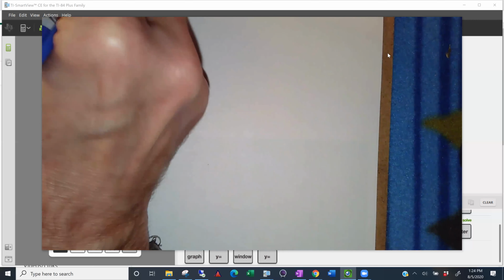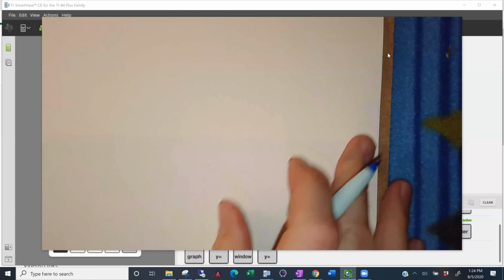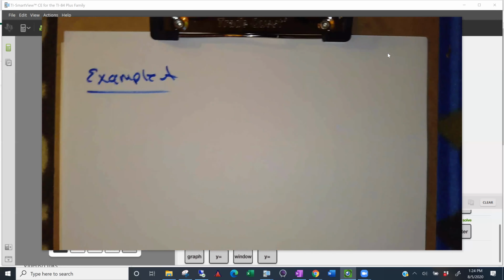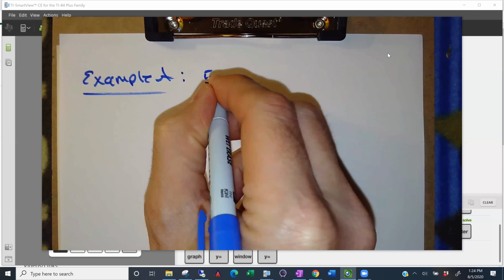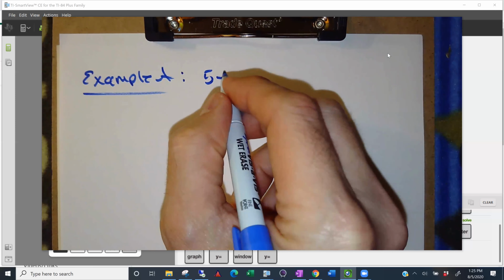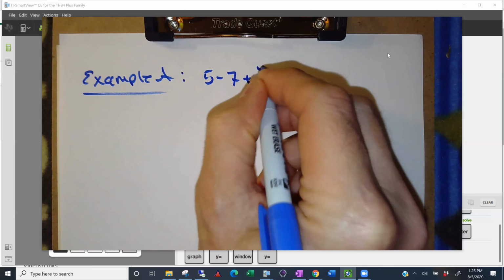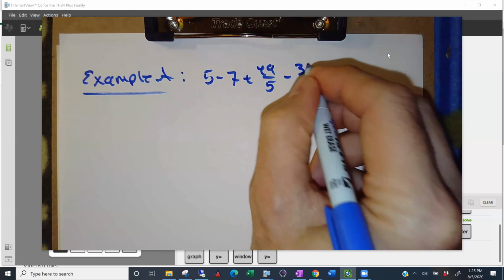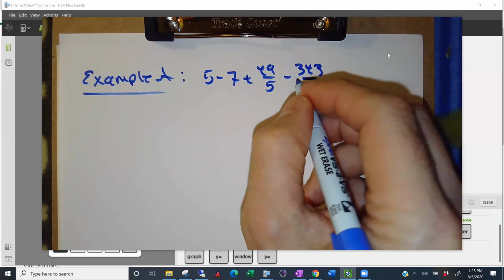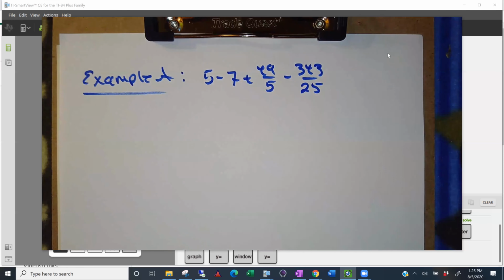We'll call this one example A. And we're going to have 5 minus 7 plus 49 over 5 minus 343 over 25, and so on.